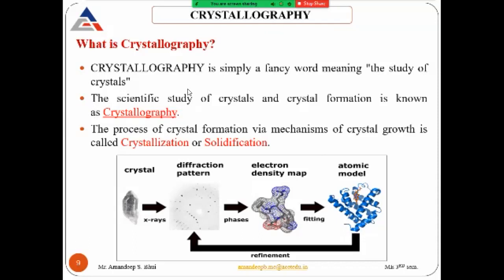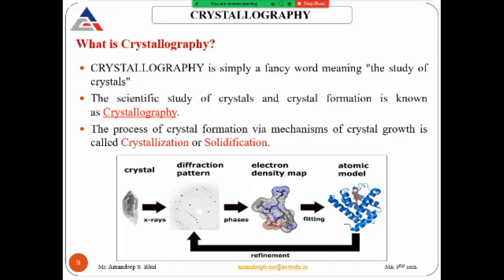Now, when we go on to the atomic model, what we observe here is that the grains are disordered in shape. So what we can do is go back and go for the refinement of the formation of crystal if we are developing that crystal artificially.